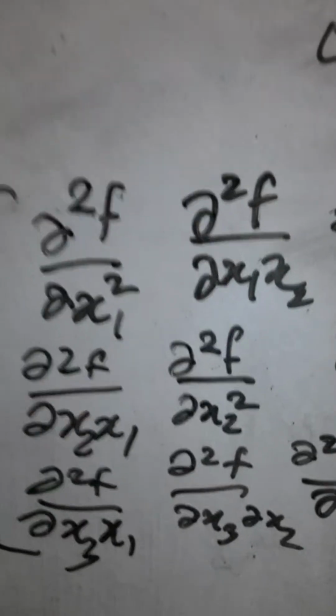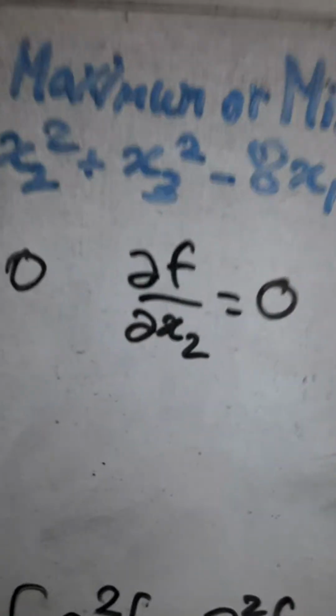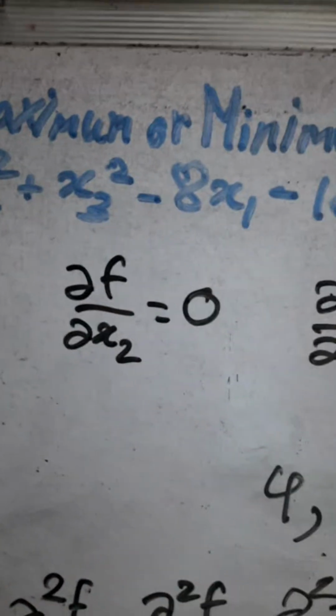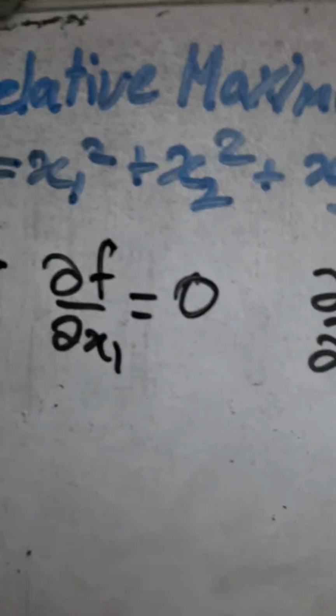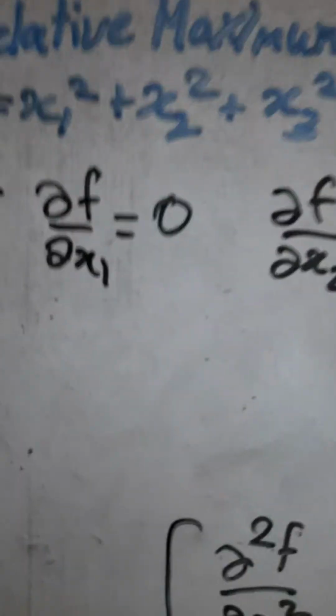Like that, since every term is similar, x1 square, x2 square, x3 square will be the same. These are all gonna be 2, 2, 2 because they are double differentiated.